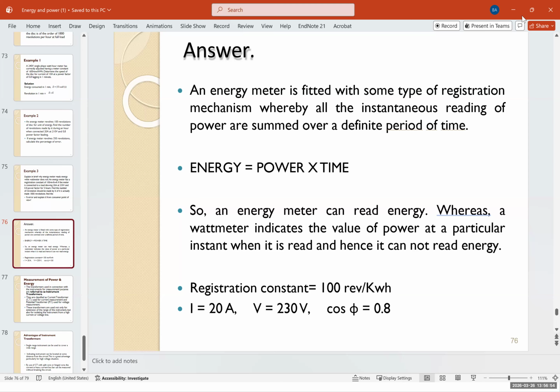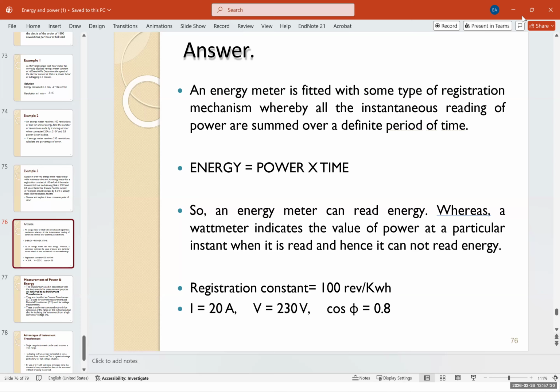Then it could act like an energy meter. So an energy meter is fitted with some type of registration mechanism whereby all the instantaneous readings of power are summed over a definite period of time. So an energy meter can read energy, whereas a watt meter indicates the value of power at a particular instant when it is read, and hence it cannot read energy.